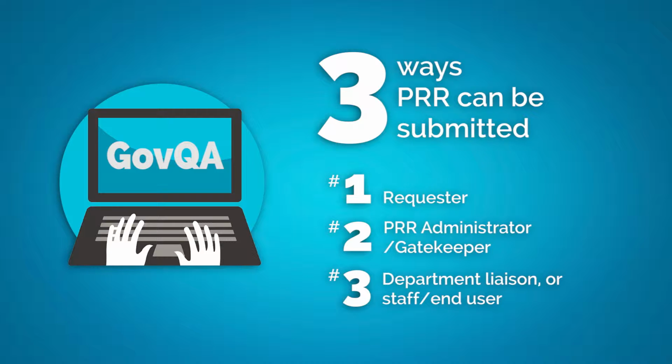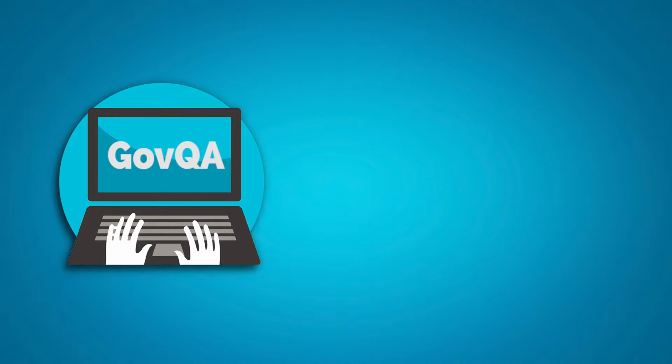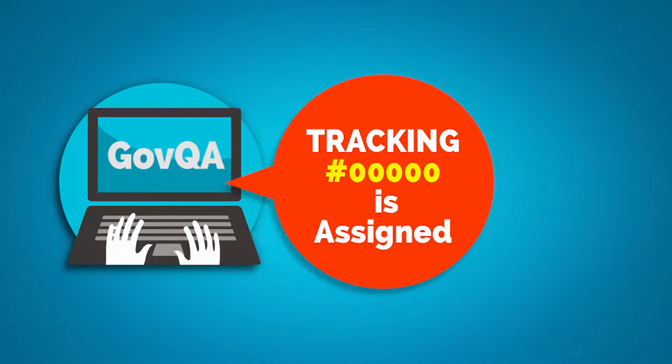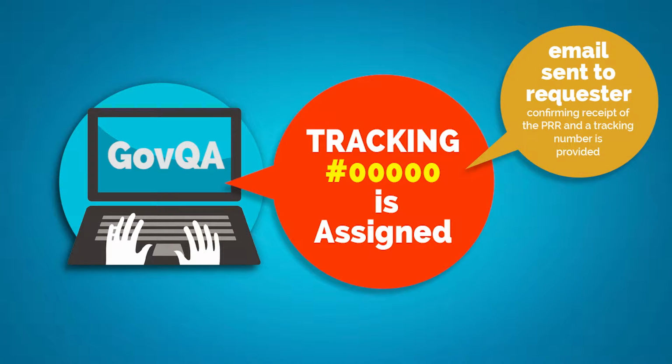By the PRR administrator or gatekeeper. 3. By the department liaison or staff end user receiving the request. Once the request has been submitted into GovQA, a tracking number is assigned. An automated confirmation email is sent to the requester confirming receipt of the PRR, and a tracking number is provided.